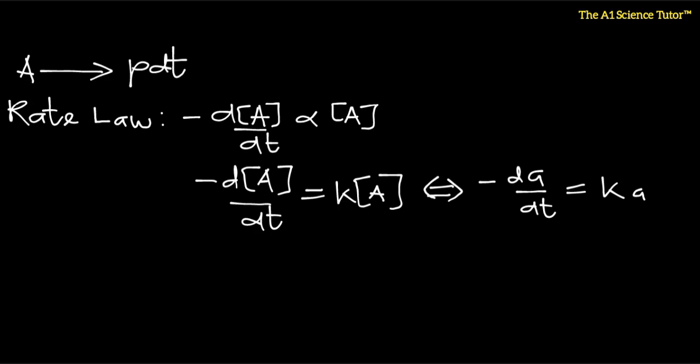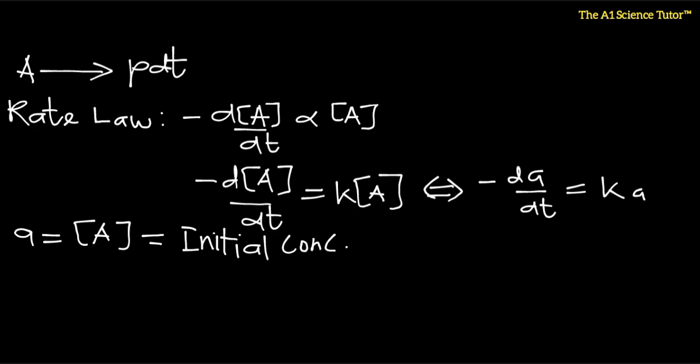Now, A, which is the same thing as the capital A in square brackets, is the initial concentration of the reactant. So what is going to be the remaining concentration after some time? Let us designate the final concentration as A minus x. This x represents some value that gets deducted from the initial concentration after the reaction begins.